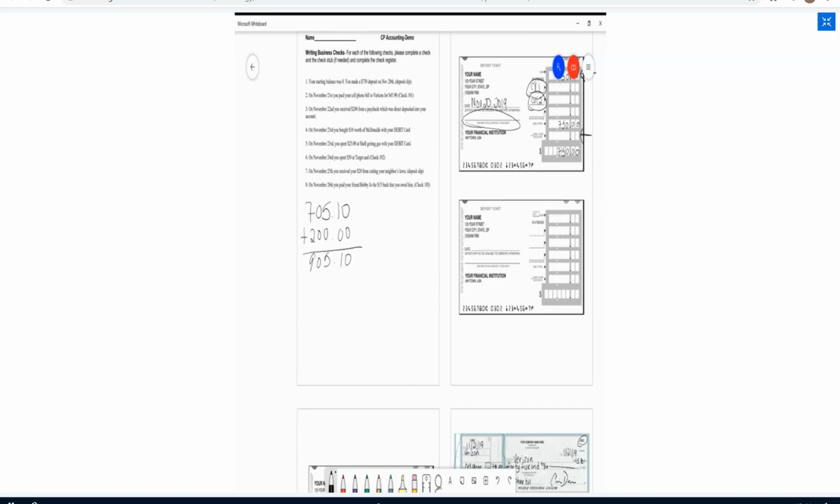I don't like to do the check register and the deposit slips and the checks on the same day because I feel like it's super overwhelming, right? So I like to do the deposits and the checks, and then at the end of the week, we'll do the register, okay? All right, so you bought $10 worth of McDonald's, so we're gonna subtract out $10. We used our debit card.